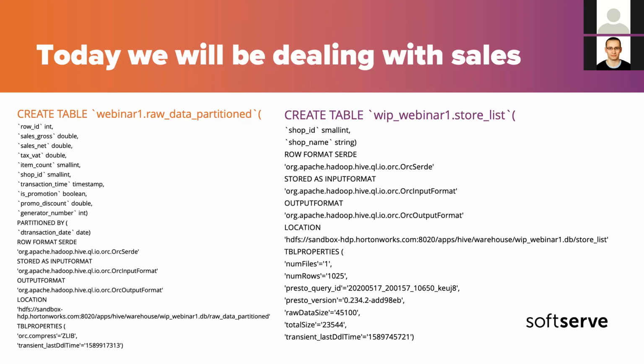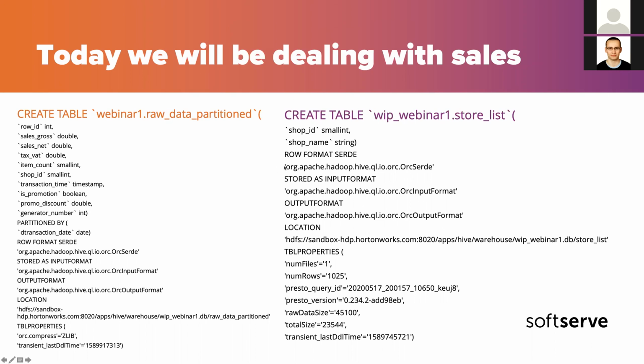The other table is the one we can join, or we can run some joins within our meeting today. It's a simple table with only two columns that will contain the shop ID and shop name.